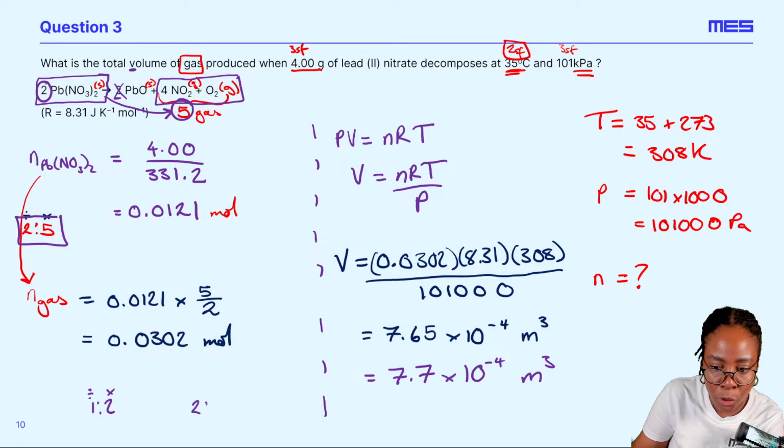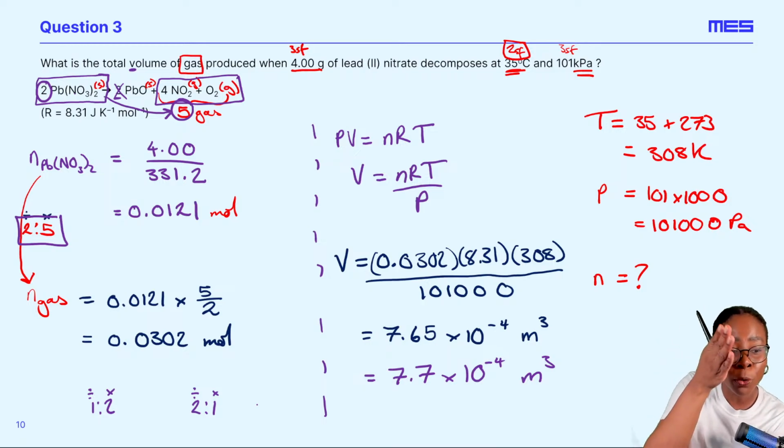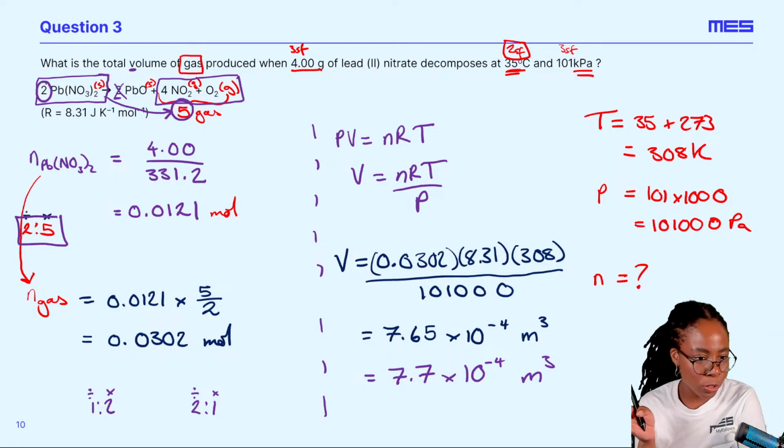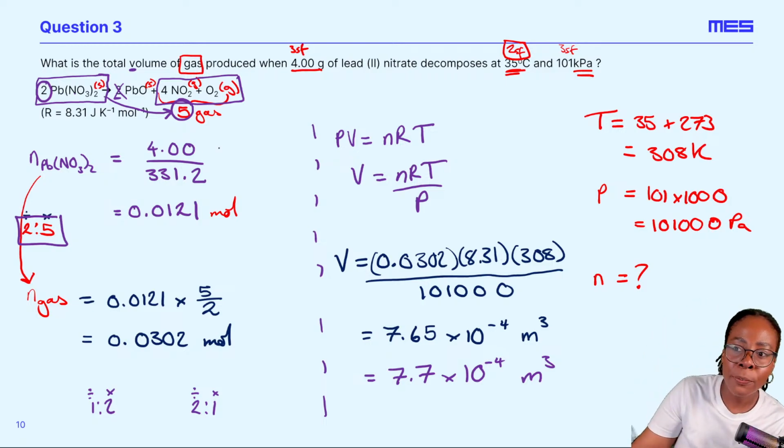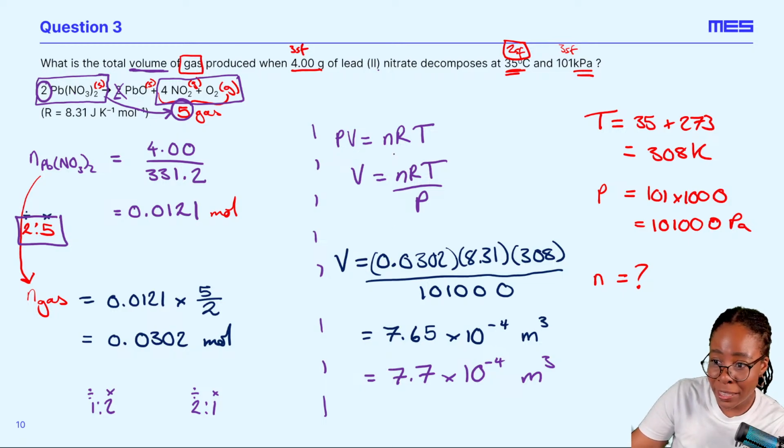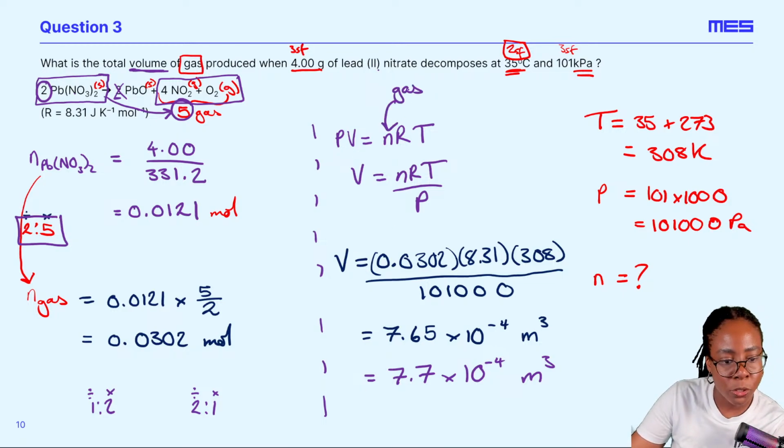If it was a 2:1 ratio, divide by 2 and then times by 1. So that's how we use our molar ratios to convert from the moles of one species to the moles of another, right? Because we've calculated the moles for our solid, but the question specified we wanted the volume of gas, which meant that in our ideal gas equation, we needed the moles of gas, not the moles of our lead-2 nitrate.